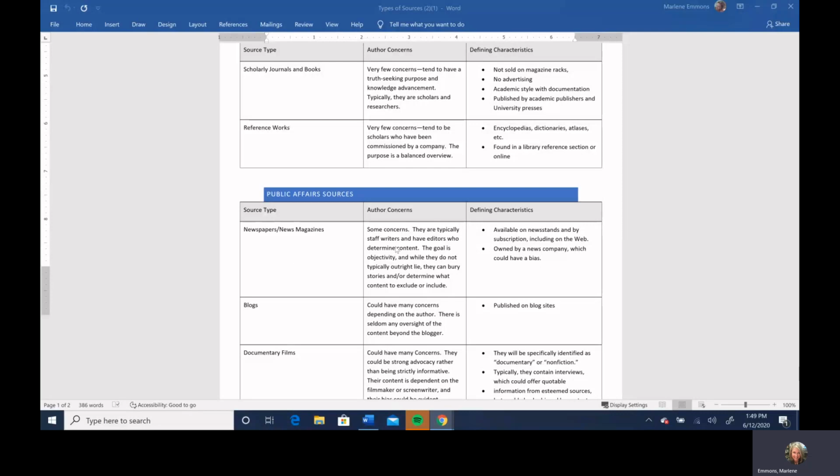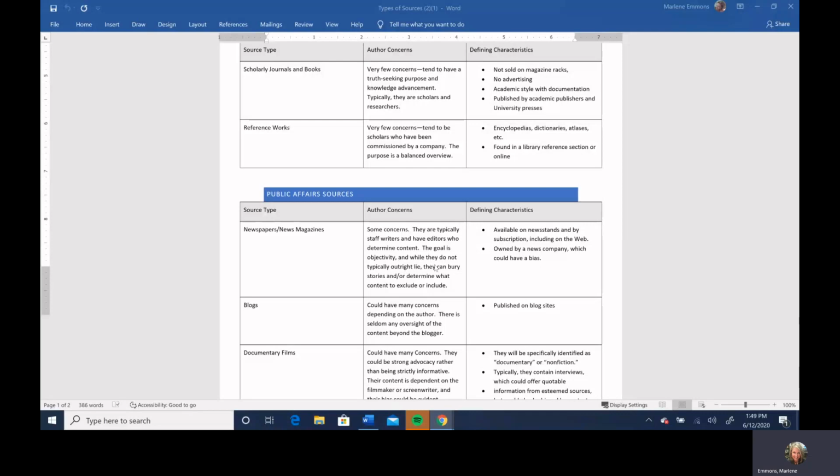So there are some concerns with them. They are typically staff writers, and they have editors who determine the content. That can be tricky to ascertain because it's not necessarily that what they say is incorrect, but it could still be biased because someone is determining what content to omit and what content to leave in. And that can create a bias.